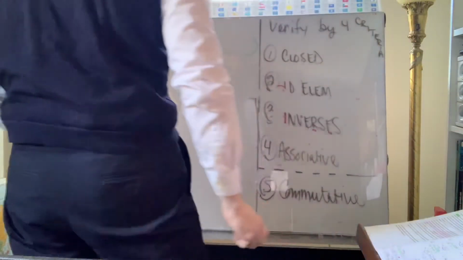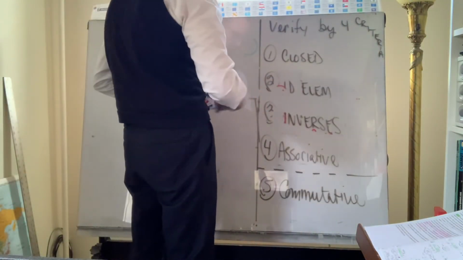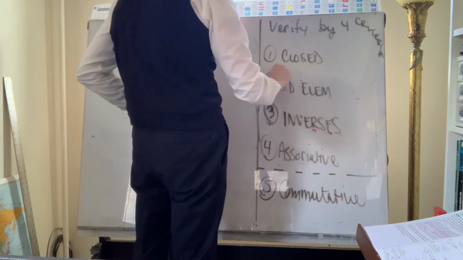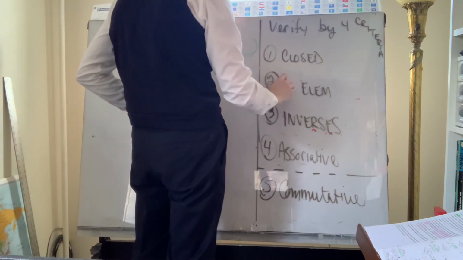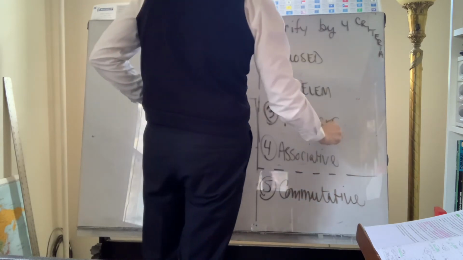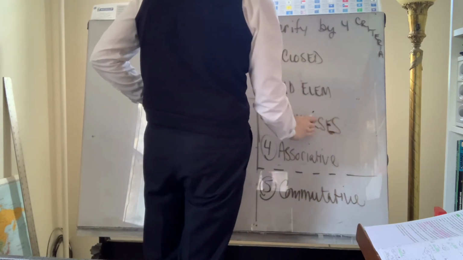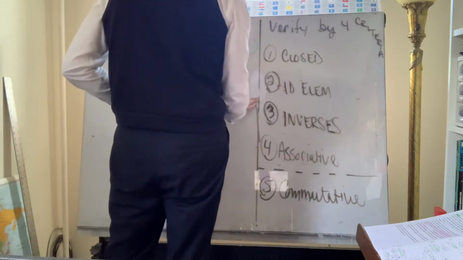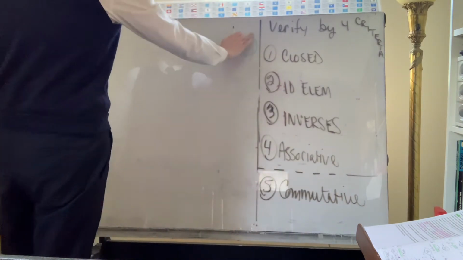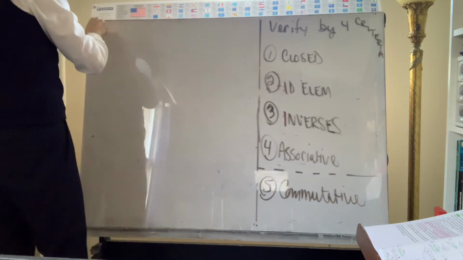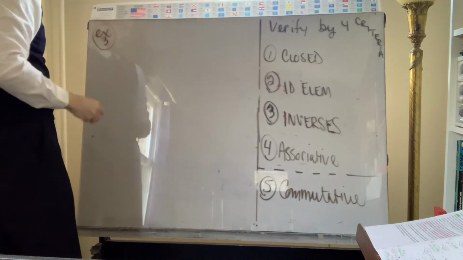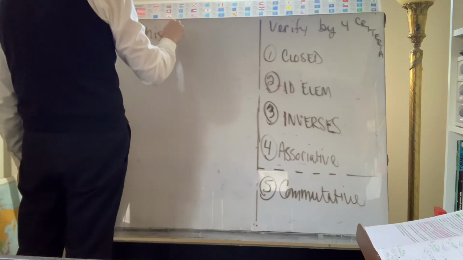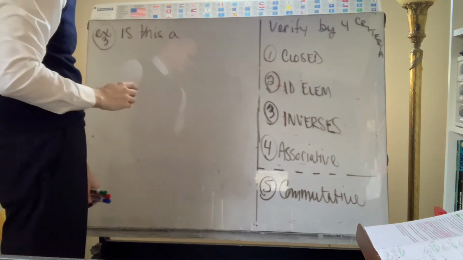All right. It's a little sloppy. Sorry for the mess. Is that legible? I think it mostly is. For example 3, is this an abelian group?